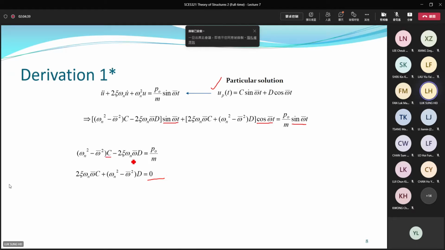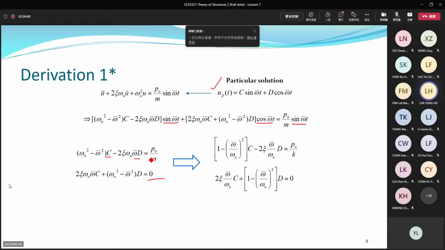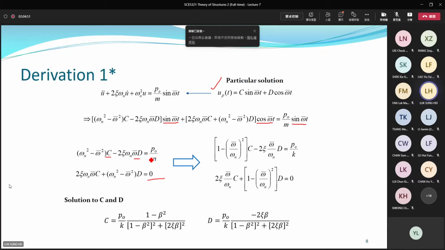Two equations, two unknowns, so you can find the expressions for C and D. With some grouping or simplifications in math, you get the expressions for C and D. This is for reference only, not very important.